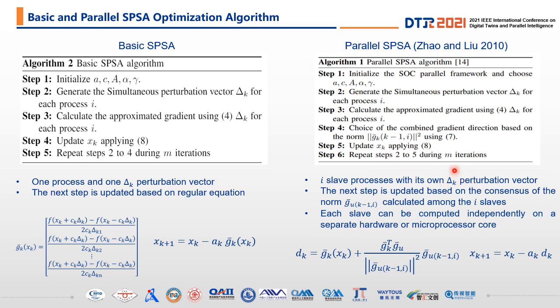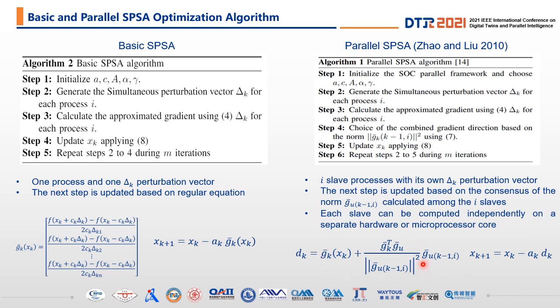Each instance will have its own perturbation vector, and based on its own perturbation vector, we are going to calculate the next step of the optimization based on this expression here, that is basically the consensus regarding the minimum change on the gradient direction on the optimization process following this norm.